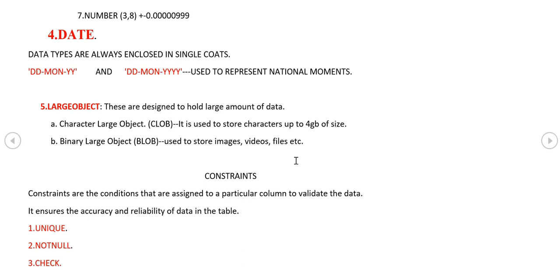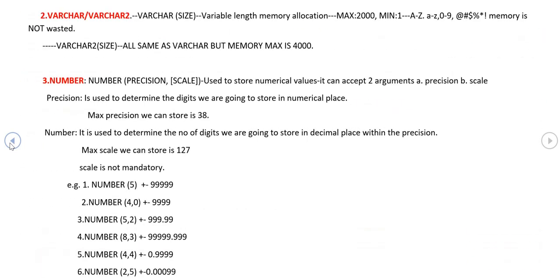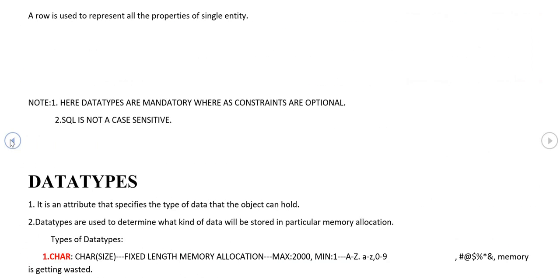So we have 5 types of data types. One is large object, the character large object and binary large object. And next one is date. These two are clear. The next one is number. And next one is varchar or varchar2. And next one is char. So that is the reason why data types are mandatory but constraints are optional.